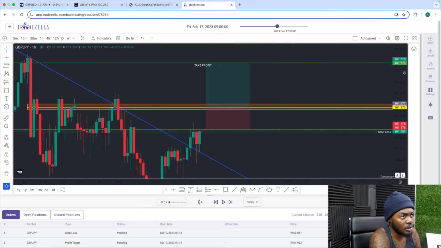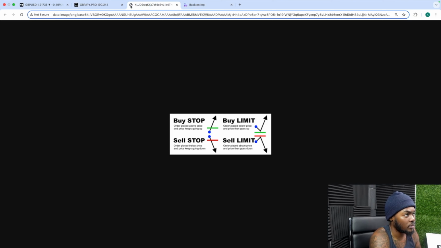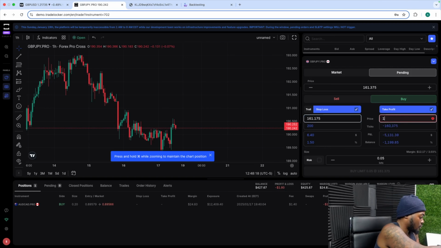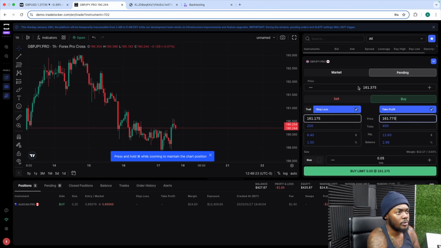And then my TP is 161.775. So take profit, 161.775. Boom. I will then hit buy limit.